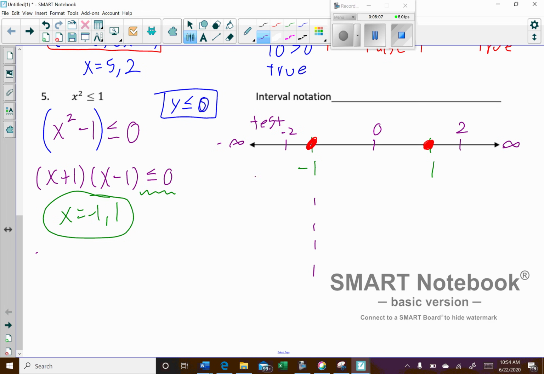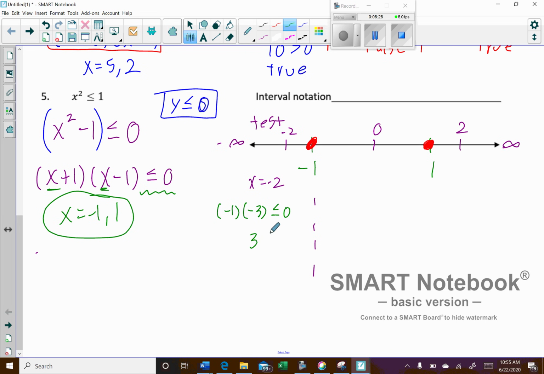So we'll start with x equals -2. Once again, I'm going to plug it into the factored form, and I'm going to start doing some of this math in my head. So if I were to substitute this in right here and right here, this would end up giving me -1 times -3 less than or equal to 0.